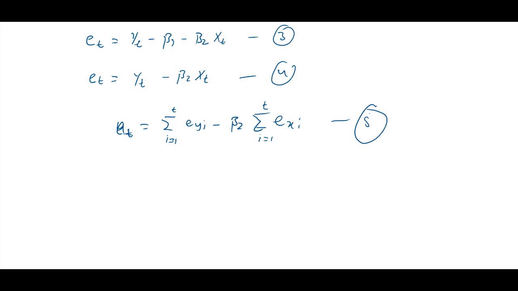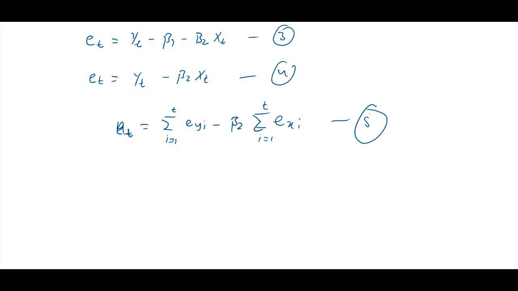From this equation we see that the variance of the error term will tend to become infinitely large as t increases. When t increases, the variation in the error term will also rise.